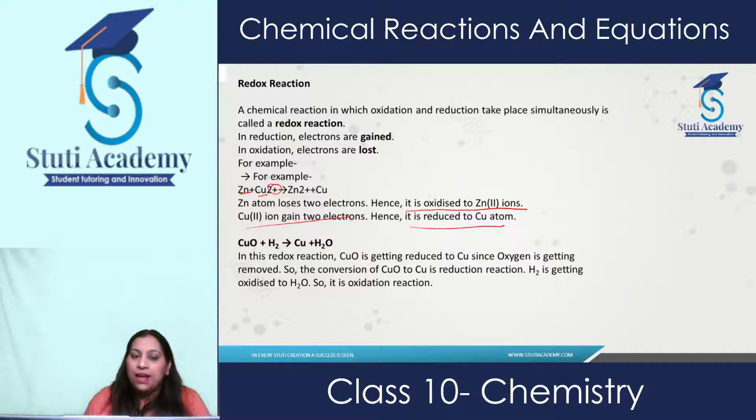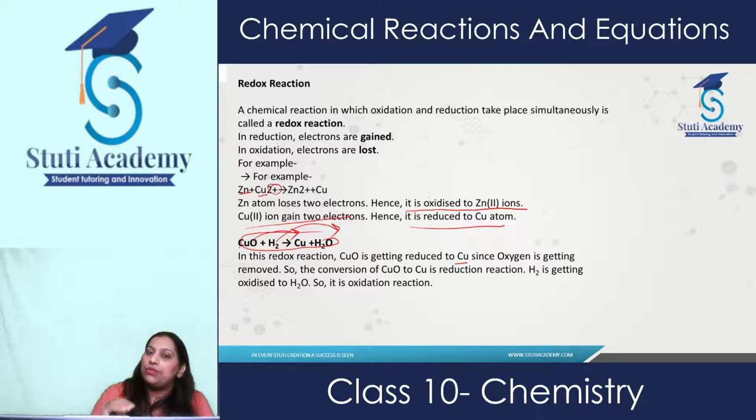And another example, which I have just explained to you: in this, copper oxide is reduced to copper. So oxygen is removed from this copper oxide, and here oxygen is added. So these kinds of reactions are known as redox reactions.